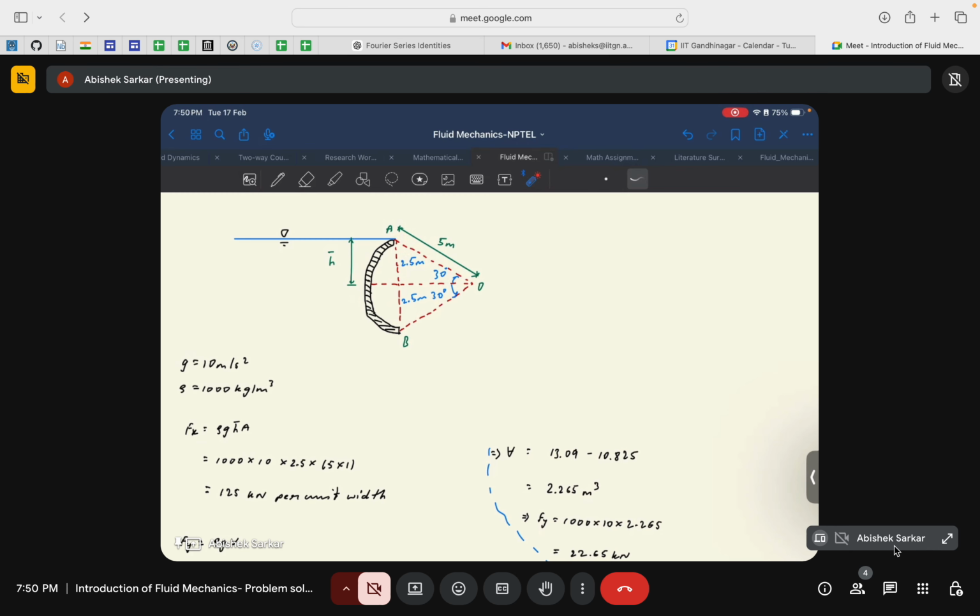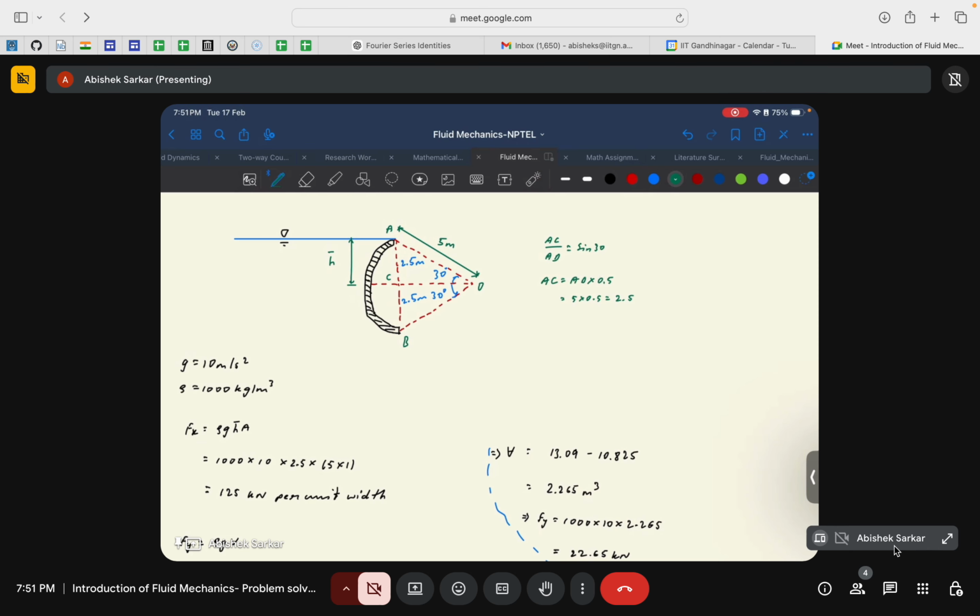Since this angle is 30 degrees, this I will say is C. Then AC is again easy to find, because AC by AD would be sine 30 degrees, correct? So AC would be AD times sine 30, which is 0.5, and AD is 5, so 5 times 0.5 is equal to 2.5. Okay, so that's how you find it.